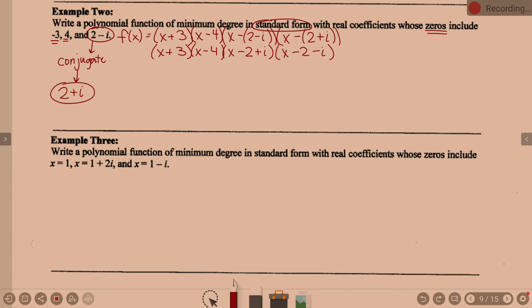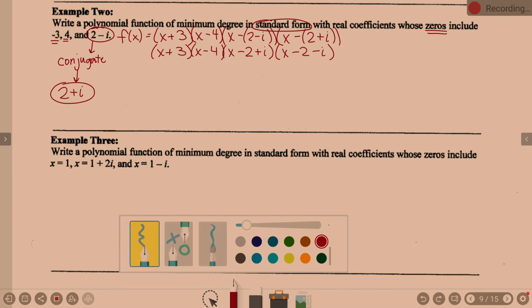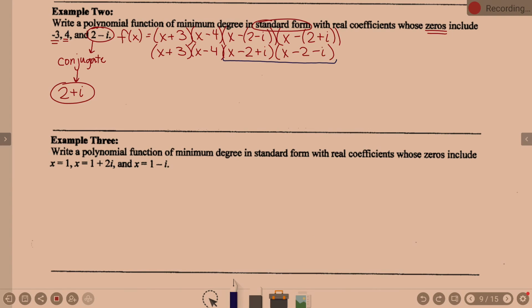So can we just ignore that? No, we have to multiply them all out. This is massive amounts of foiling. It is important, as I mentioned earlier, that x minus 2 plus i and x minus 2 minus i, you need to multiply those two as a pair together. You're multiplying 3 by 3, so there's going to be 9 terms, but it's going to clean up very nicely to 3 terms for that part.